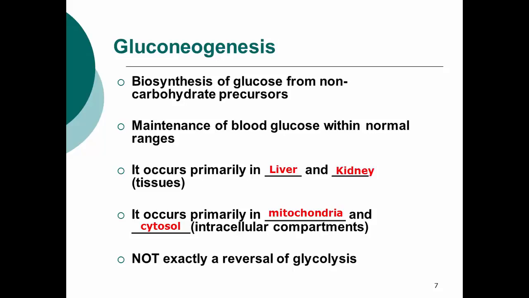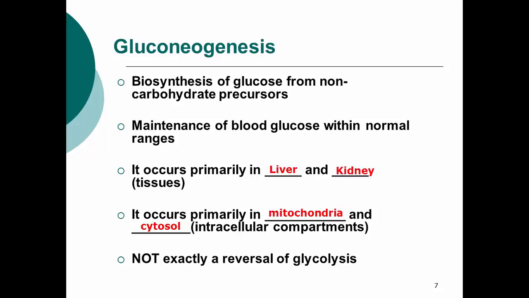And gluconeogenesis occurs in both cellular compartments, the cytosol and the mitochondria, depending on the reactions. But it's not exactly a reversal of glycolysis, right? Remember, glycolysis has three key reactions, with enzymes, that cannot be reversed.